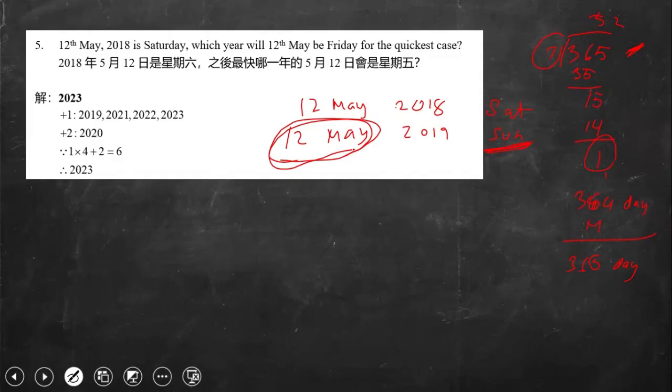There are exceptions because there are what we call leap years, right? So 2020 is a leap year. That means that there are gonna be 366 days in a year, because it's a leap year.